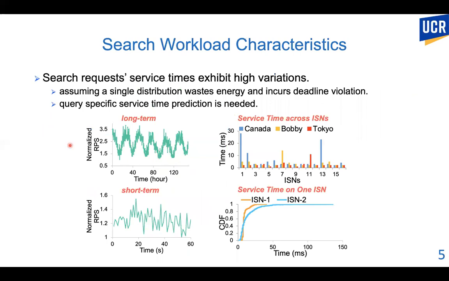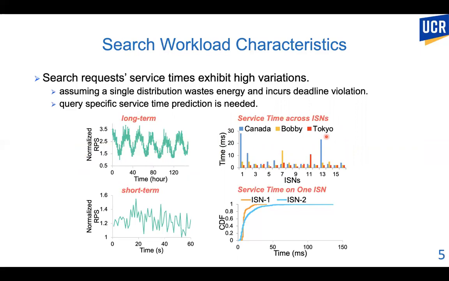However, the measurement results on a search engine with the Wikipedia query trace and index show that search request service time exhibits high variations. On the left two figures, the Wikipedia search workload in terms of requests per second has both long-term and short-term variations. On the top right figure, the service times of 3 consecutive requests across different ISNs are given.